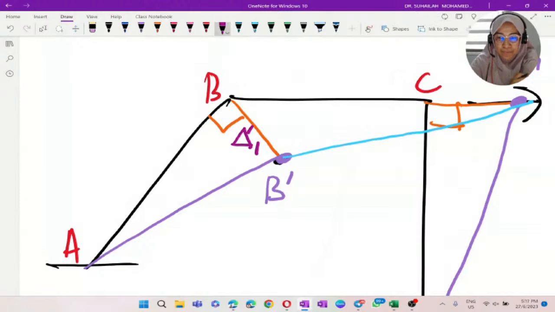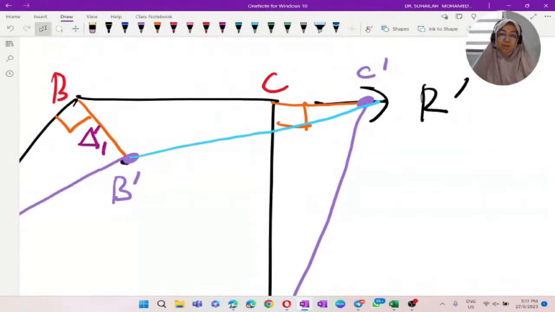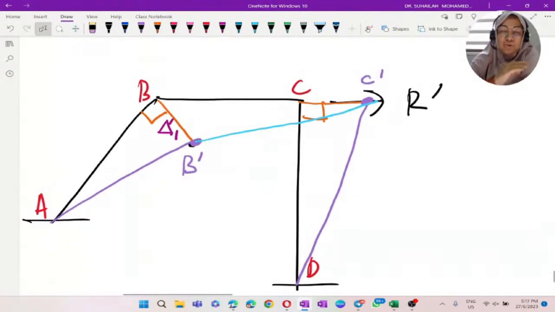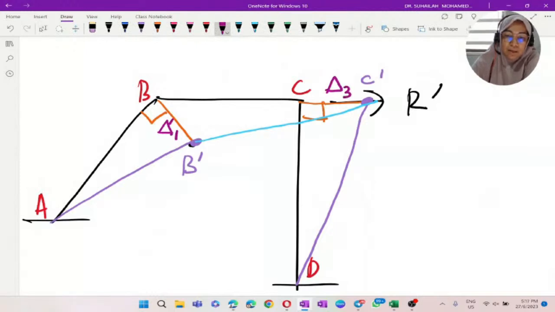Now look at member CD. For member CD, perpendicular to CD is horizontal, because CD is vertical. Since member CD is the third member in this frame, the delta for member CD we label as delta 3 prime.